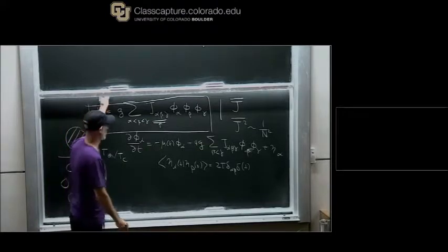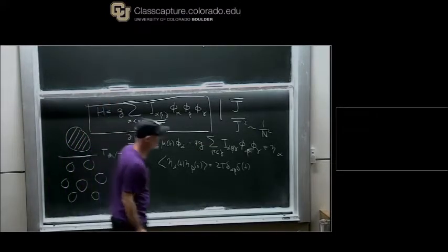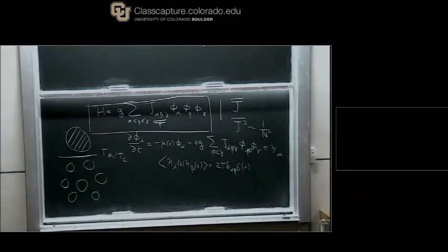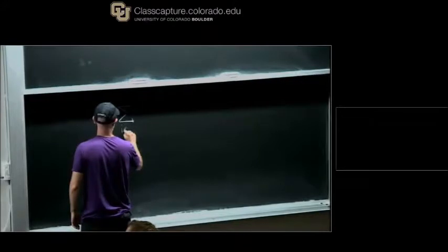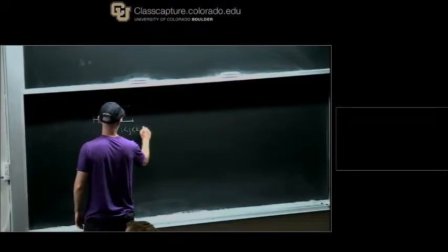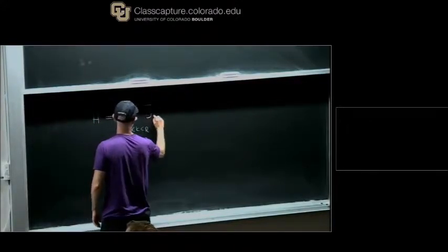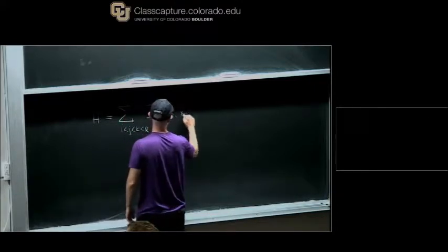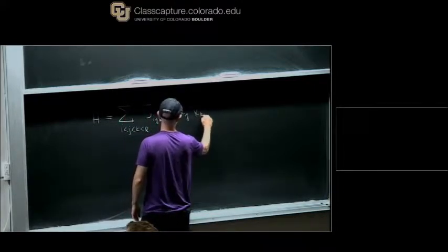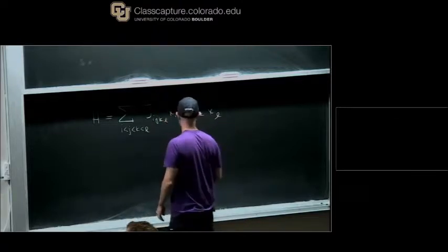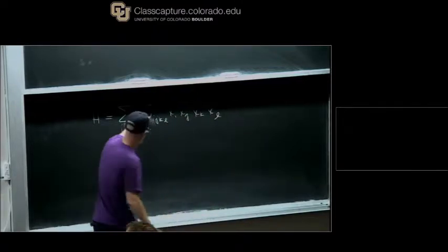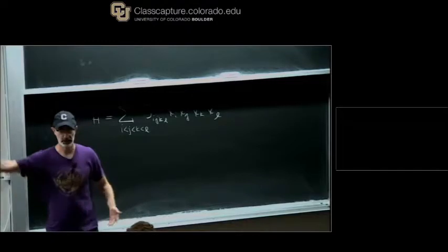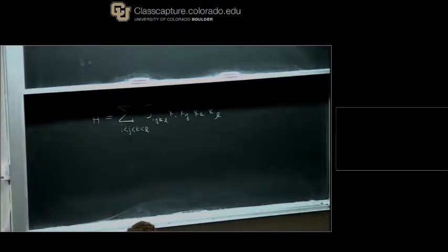So you could have a model where you had something like this. Okay, so the properties of the random coupling are identical to the classical glass models.